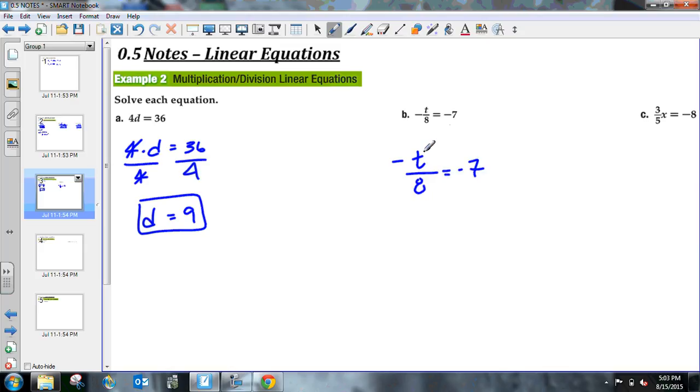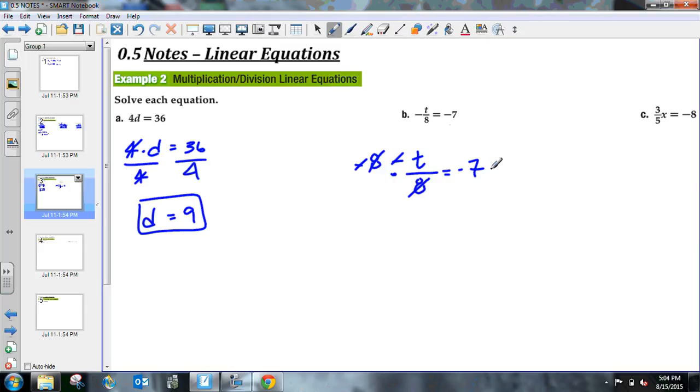Now this means I have some number t divided by 8 gives me negative 7.